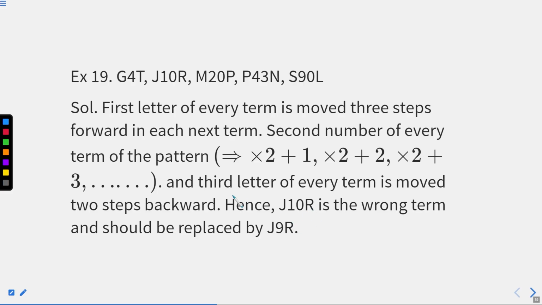Here you have to find the wrong values, right? So we need to find G having a place value of 7, T having a place value of 20. I hope you get it, right? In a similar manner, J having a place value of 10, R having a place value of 18, if I am not wrong, right?